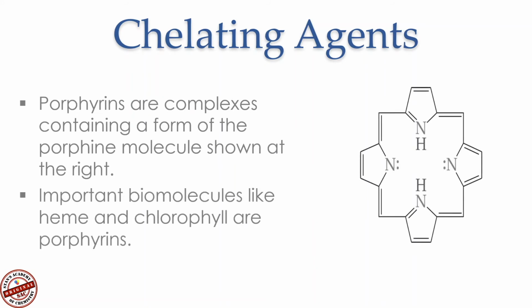Again, this is a structure that I said is a common portion, the porphyrin, which is the part that becomes the chelating portion, attaching itself to the metals. Again, hemoglobin contains iron, where iron is coordinated with the ring system.